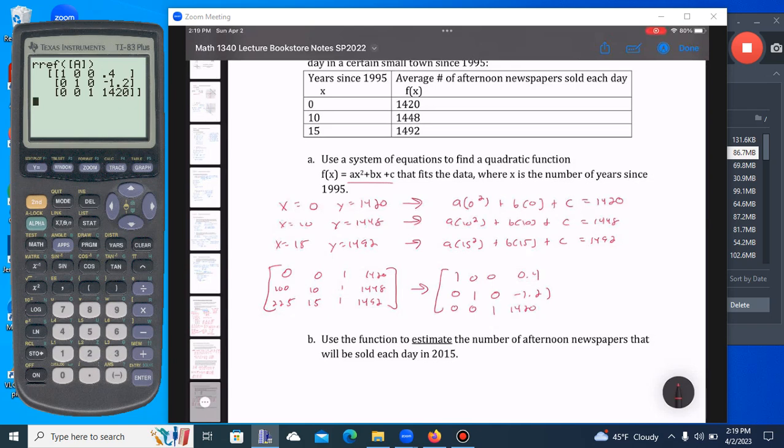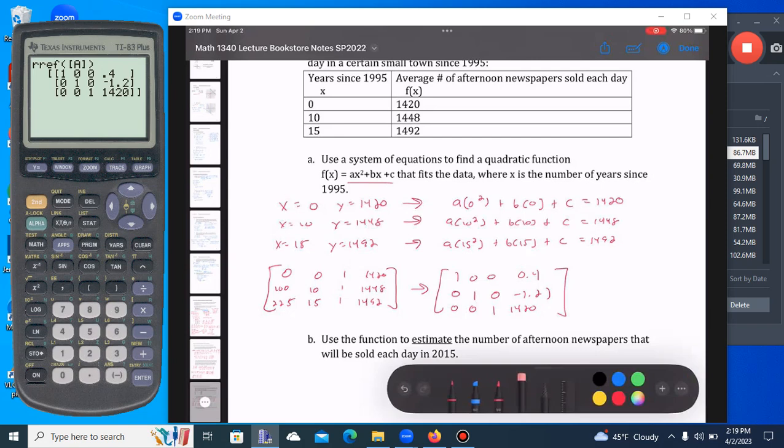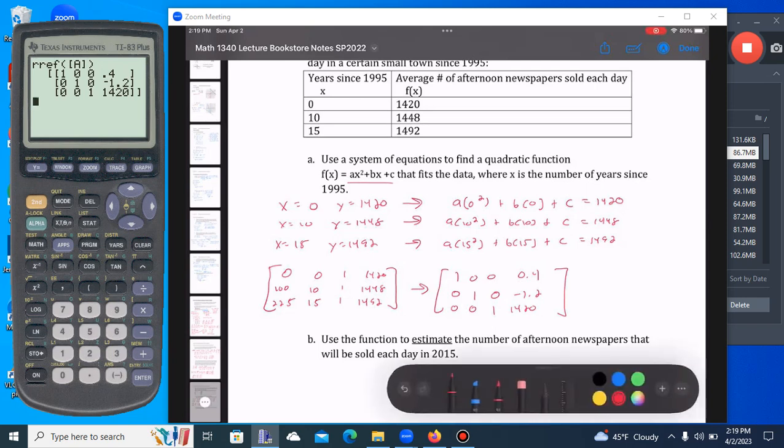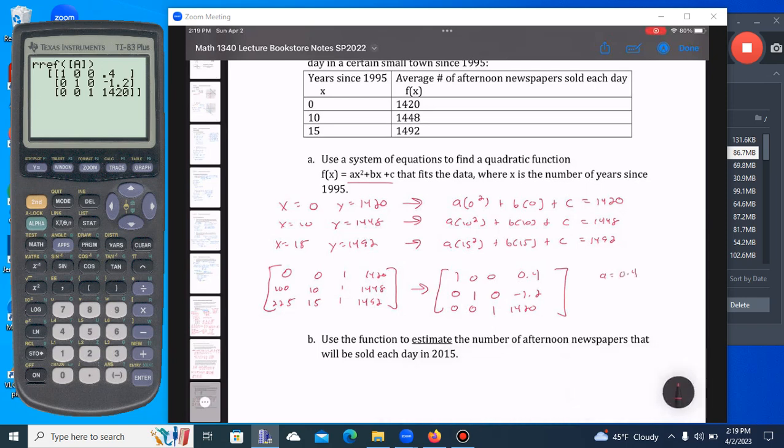And we said that 1420, obviously, if you look at the first equation, you should get that for C, and that's what we got for C. So A equals 0.4, B equals negative 1.2, C equals 1420.